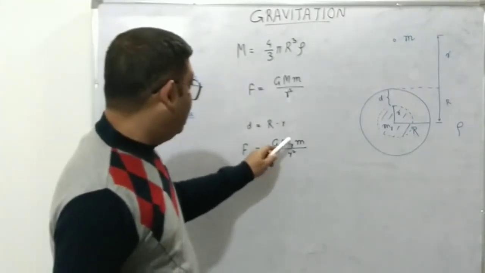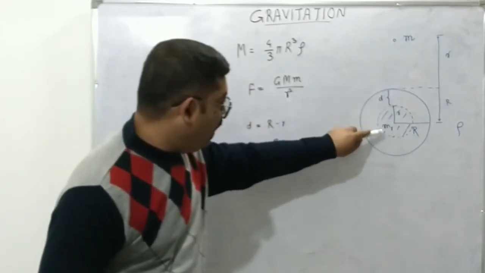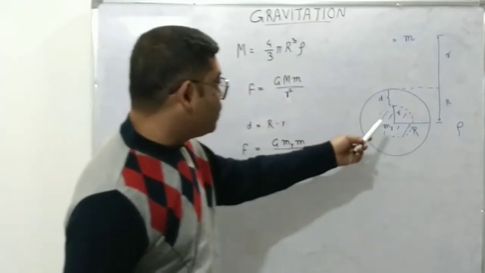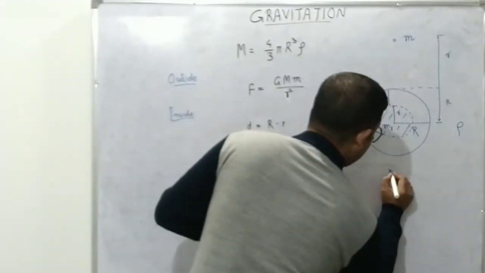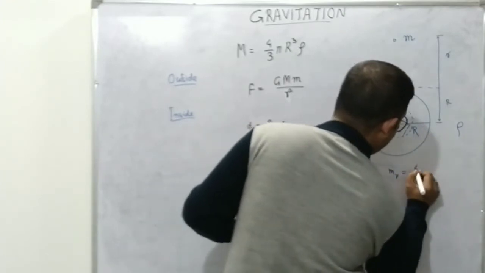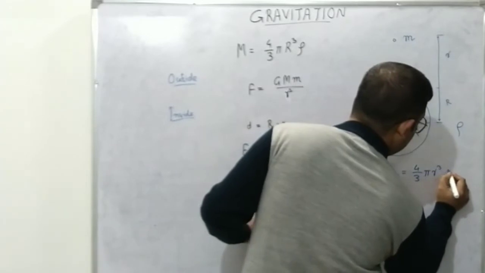However, now instead of capital M, the entire mass of the earth, we consider the mass of the inner sphere. Now what will be the mass of the inner sphere? That will clearly be m_r, which can be written as 4 by 3 pi r cube into rho.